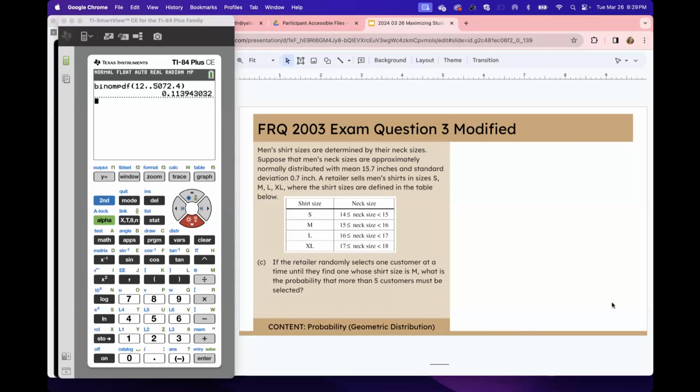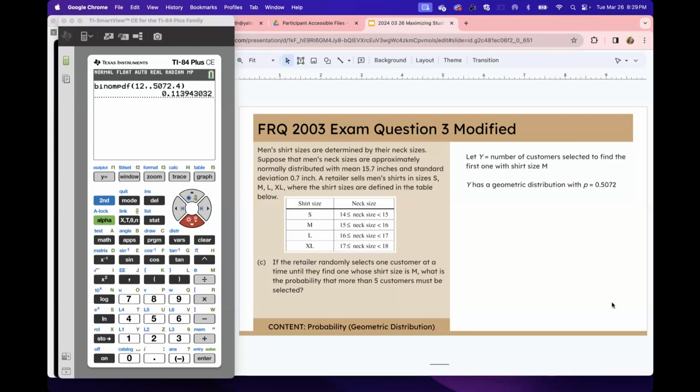So again, we have options. We know the probability of getting a customer whose shirt size is M from the previous part is 0.5072. If we think of this new random variable, which we called Y, as the number of customers we have to select to find the first one with that shirt size, then Y has a geometric probability distribution with that success probability on each trial.